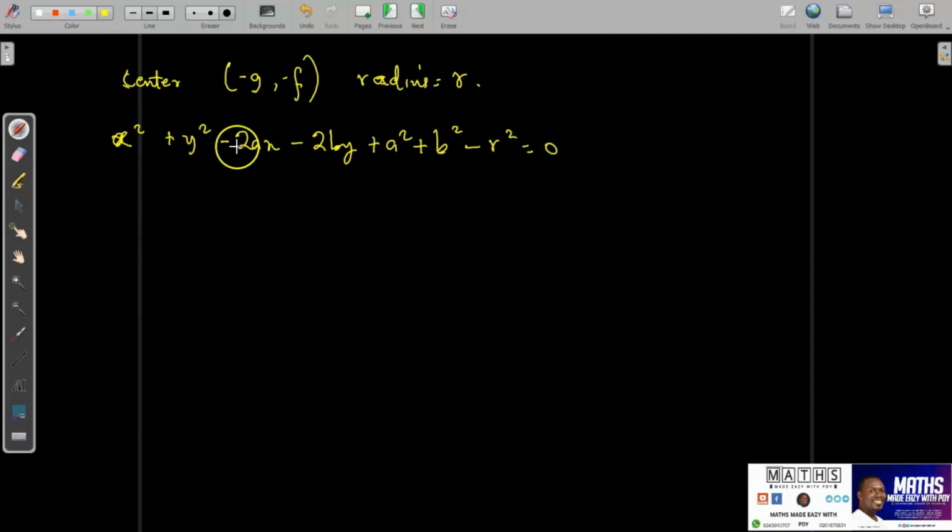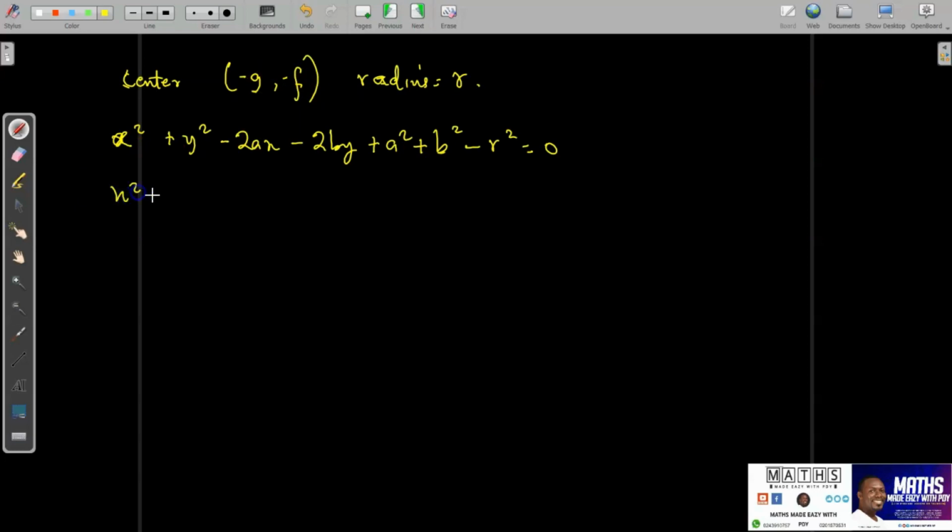That was when the center was A and B. Please, I hope you remember that. So in this case, if A and B are being substituted with negative G and negative F, what are we going to obtain?